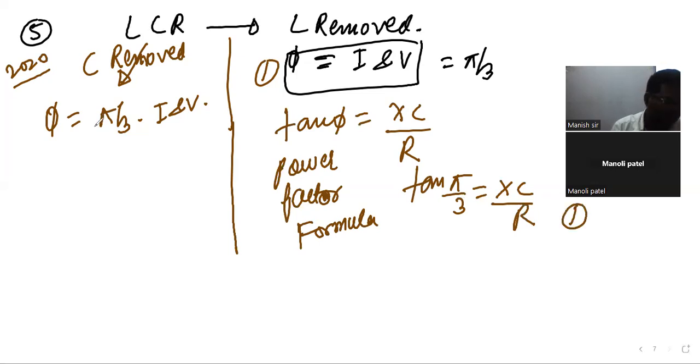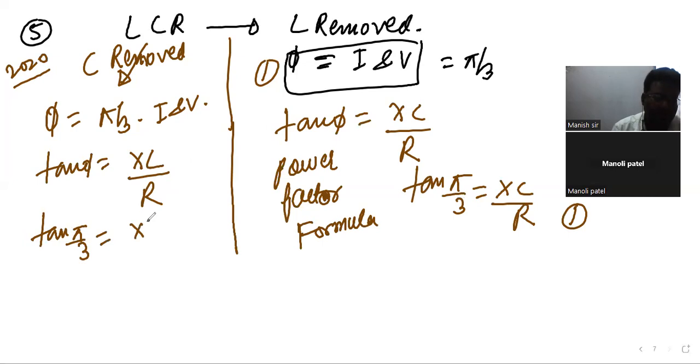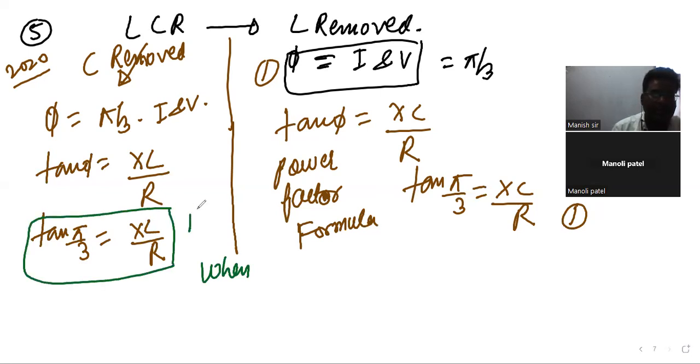Now when C is removed, tan of phi we know, that is XL upon R. So tan of pi by 3 is equal to XL upon R, right? This is your second equation.